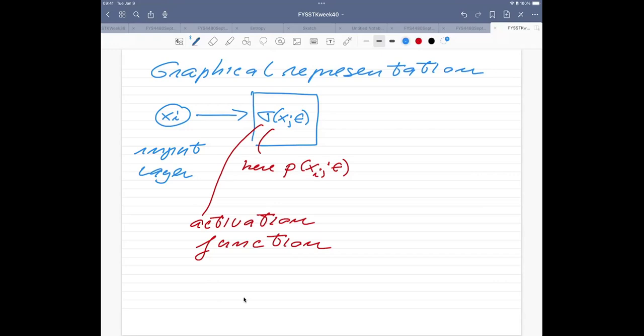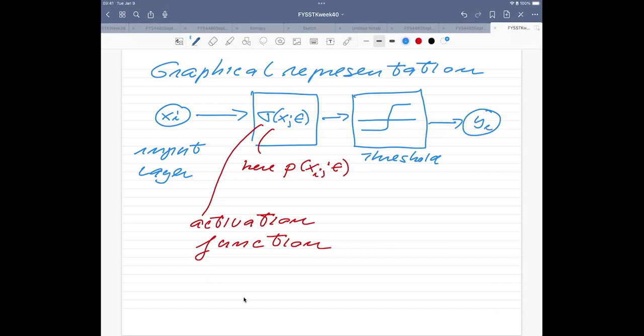In this case there is going to be a threshold function, but later we are just going to collect these two boxes into one. We have some function that, if it's below a certain value, which we would typically call a threshold, produces an output. We are just going to label this output like this. This is our output layer.